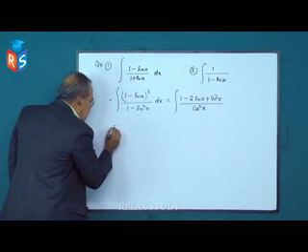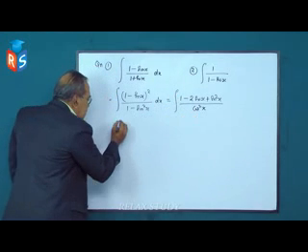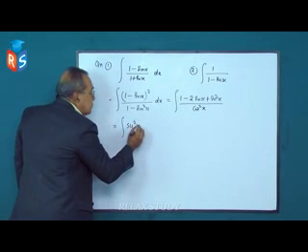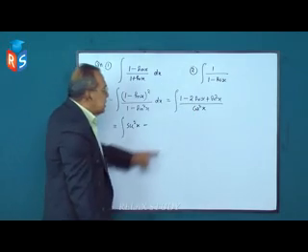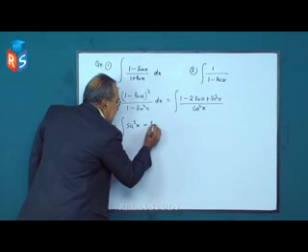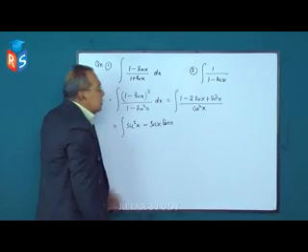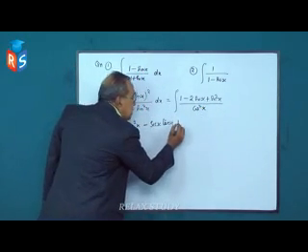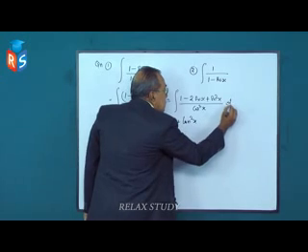That is equal to 1 by cos squared x, which is sec squared x, minus 2 sin x by cos squared x, which is 2 sec x tan x, plus sin squared x by cos squared x, which is tan squared x, dx.